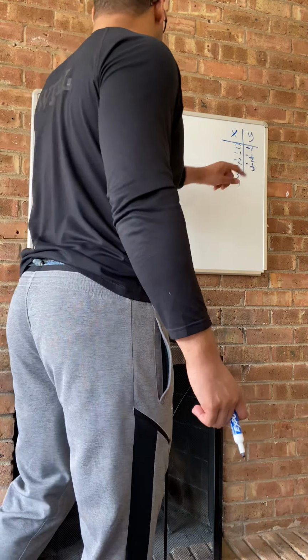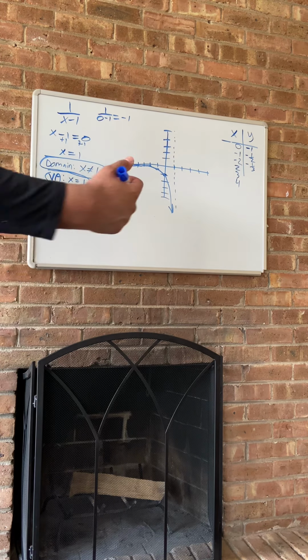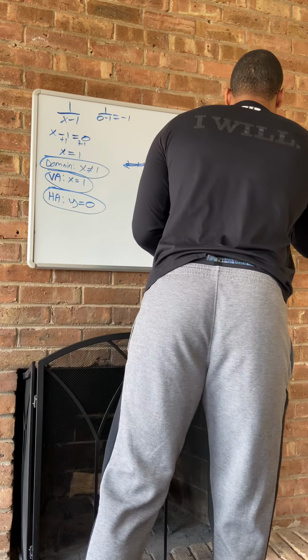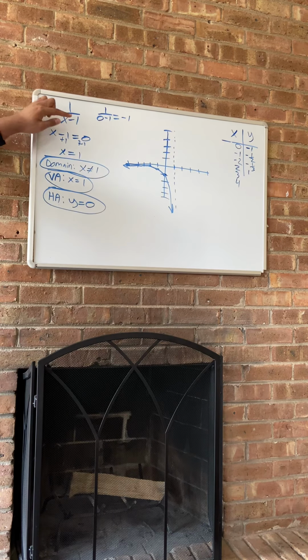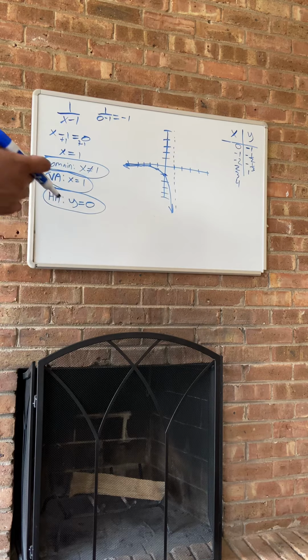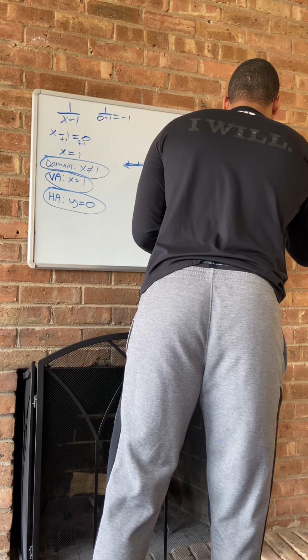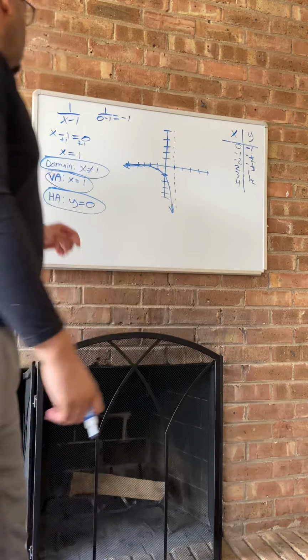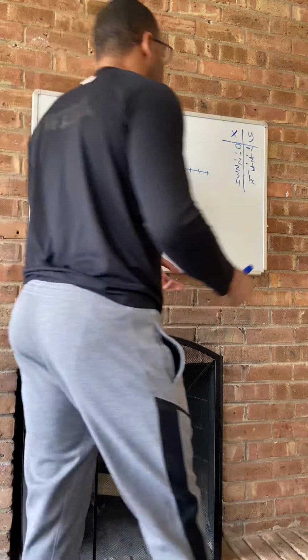Next 3 points: if I plug in 2, 1 over 2 minus 1 is +1. If I plug in 3, 1 over 3 minus 1 is 1 over 2, so 1/2. If I plug in 4, 1 over 4 minus 1 is +1/3.